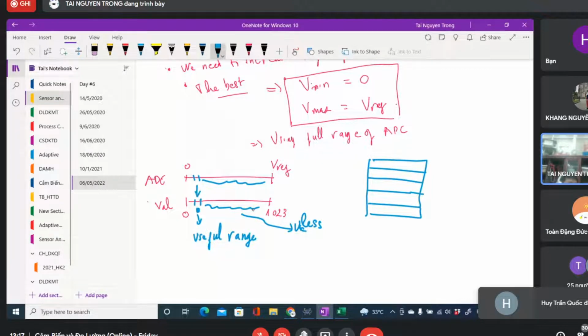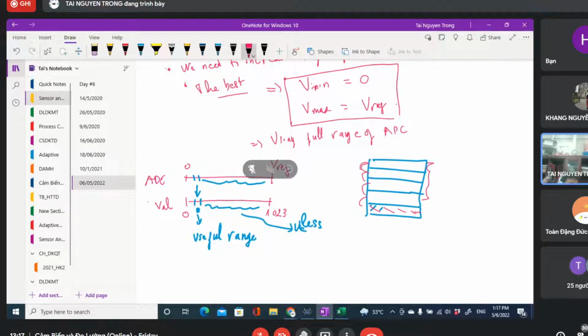But if we only use one floor, and these 4 floors are empty, in this case we waste the abilities of the house. But if we use all of them, in this case we increase the efficiency of the system or the house.